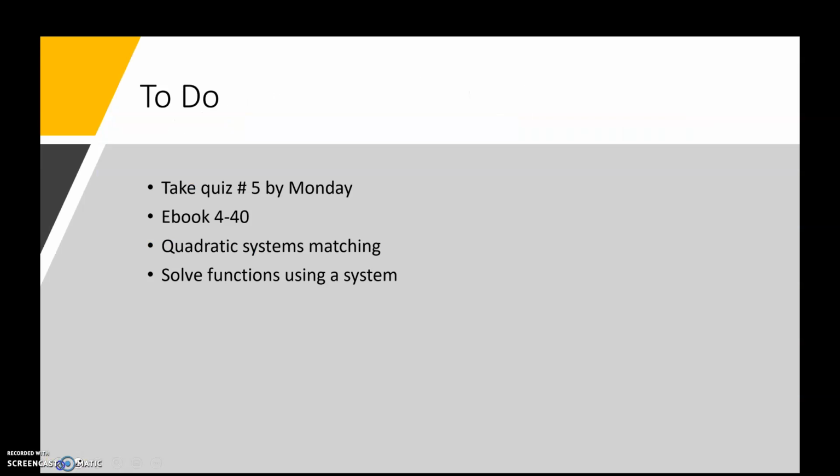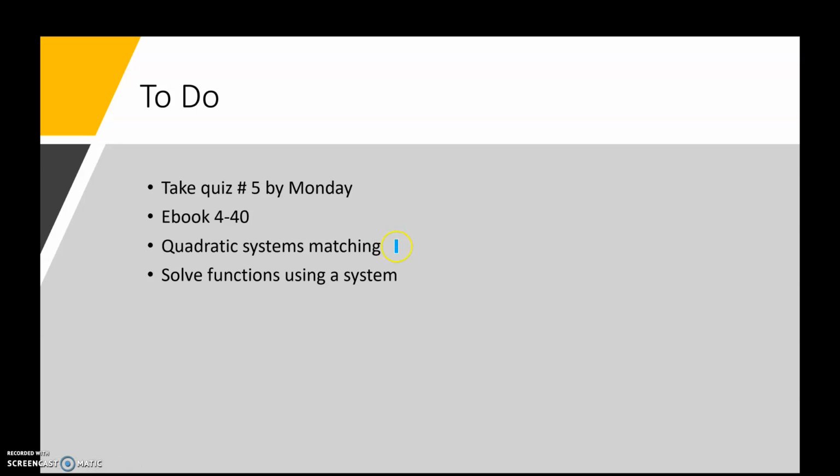All right, so that's it for this little quick video. Make sure we take care of our quiz number 5. If you are doing this on Tuesday, this applied lesson, I would wait until the Zoom lesson. Check out ebook 4-40. And then I have a quadratic systems matching.